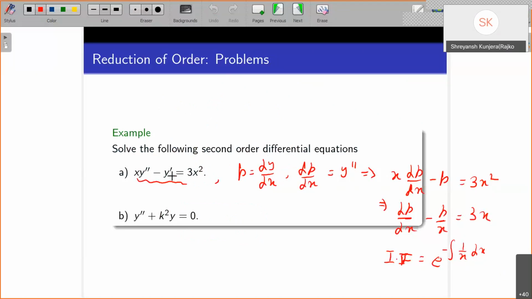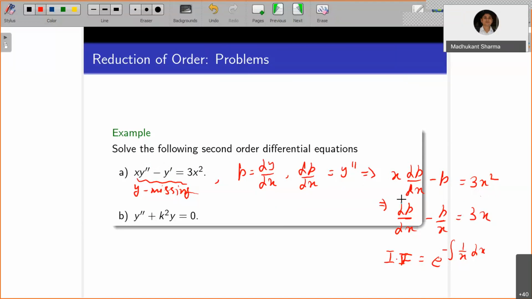So now see, I have seen here y is missing, and it is a second order differential equation. So I can use the transformation p equals dy by dx, then dp by dx equals y double dash. If you replace y double dash by p times dp by dx and y dash by p, the resulting equation is this.